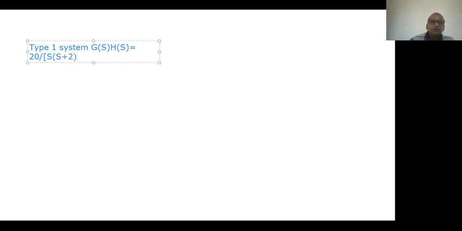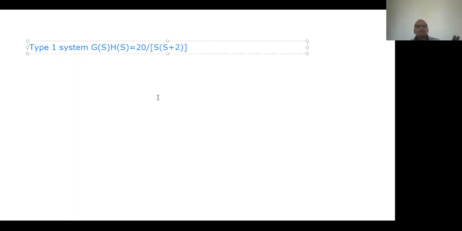Again, this is converted into the sinusoidal transfer function and into the time constant form. Take the 2 common: 20 divided by 2 gives 10. I will write that equation.